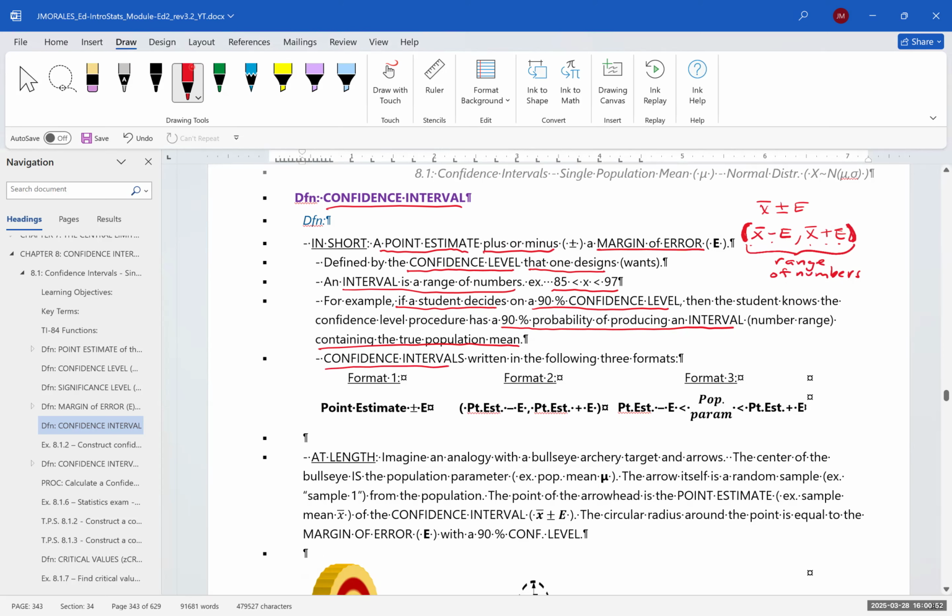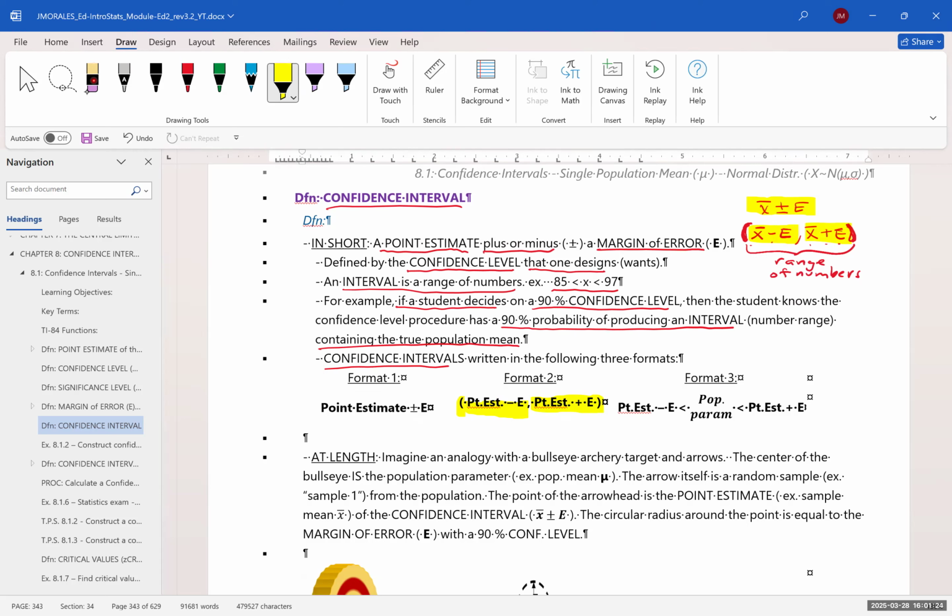Confidence intervals can be written in the following three forms. One form is a point estimate plus and minus the error. That's what I drew up here earlier. The other form is left and right parentheses with a point estimate minus the error, comma, point estimate plus error.